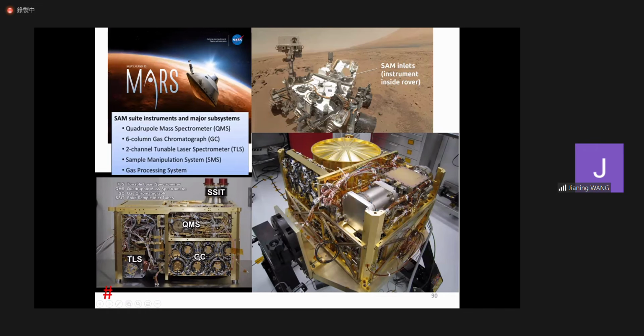Here is a GC system equipped with six GC columns, and the detector is a mass spectrometer.